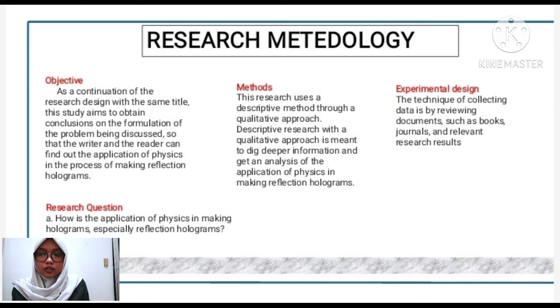Methods. This research uses a descriptive method through a qualitative approach. Descriptive research with a qualitative approach is meant to dig deeper information and get an analysis of the application of physics in making reflection holograms. Experimental design. The technique of data collection is by reviewing documents such as books, journals, and relevant research results.